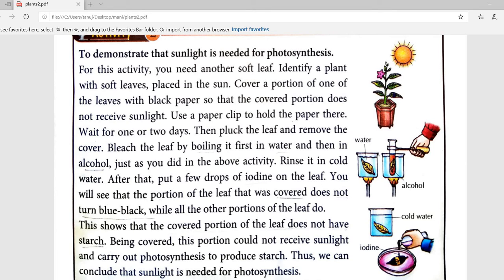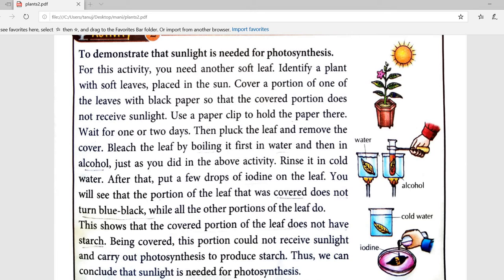These things are necessary for preparing food, for the process of photosynthesis. So the plants always grow in the direction of the sun, to take sunlight for the preparation of food.